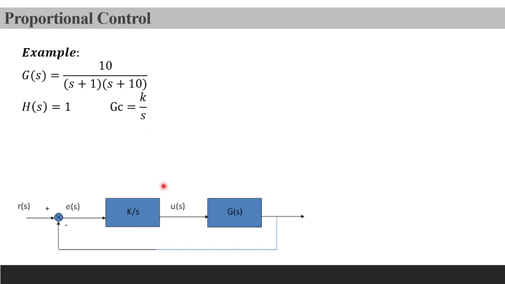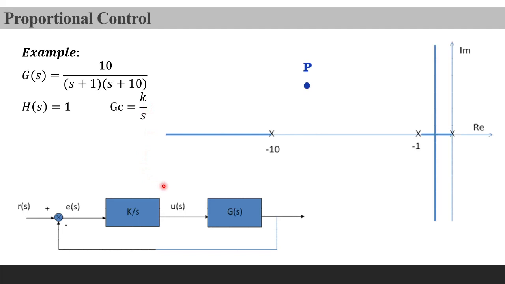And let's plot this system. This is exactly the system which I gave you to plot when you add an additional pole at s equals 0, right? You can see the impact here: this additional pole is added, and this shifted the whole root locus to the right.